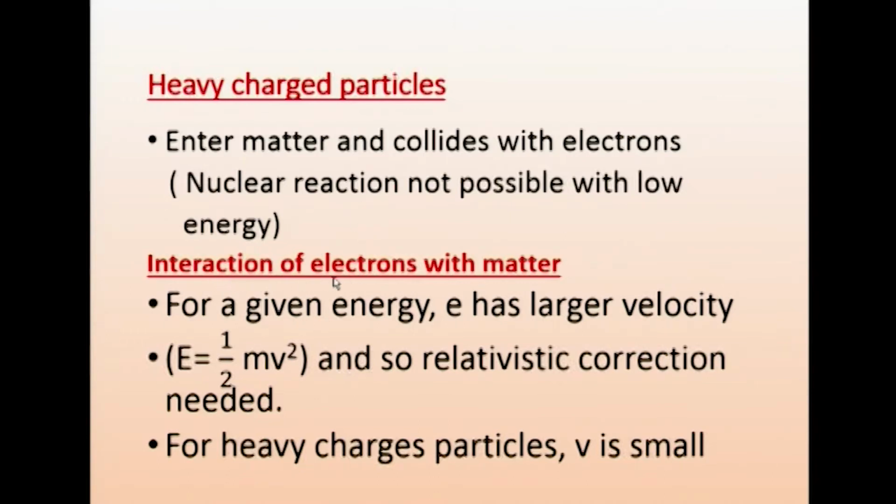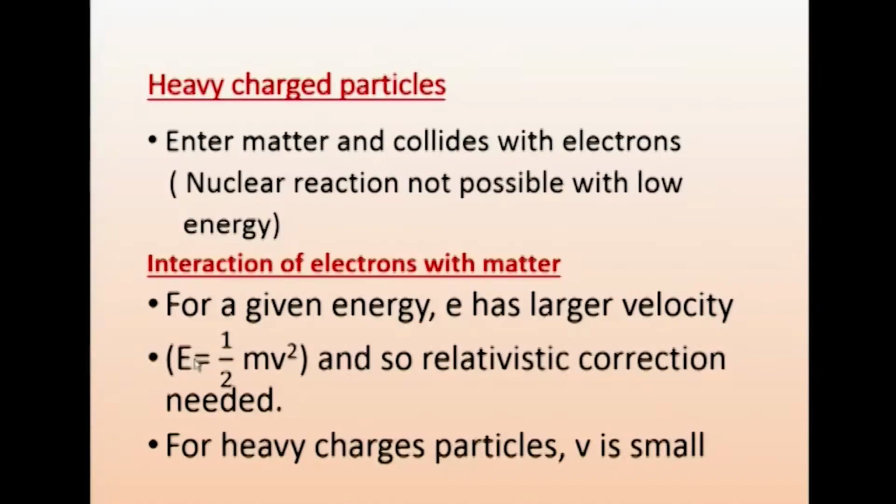Interaction of electron with matter. Suppose you are taking some copper plate, and an electron is entering or striking the plate. What are the possibilities? Because the electron has small mass, velocity will be very large. For a given energy, see this equation we have written, E equals half mv squared.